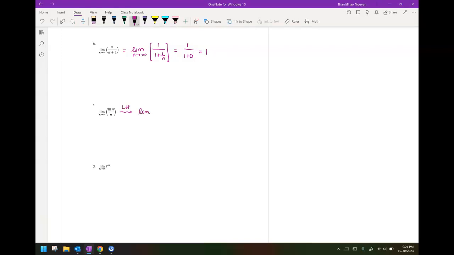The limit as n approaches infinity equals the derivative of ln of n, that is 1 over n, divided by the derivative of n, that makes 1. So now I'm effectively looking at the limit as n approaches infinity of 1 over n, which equals 0.